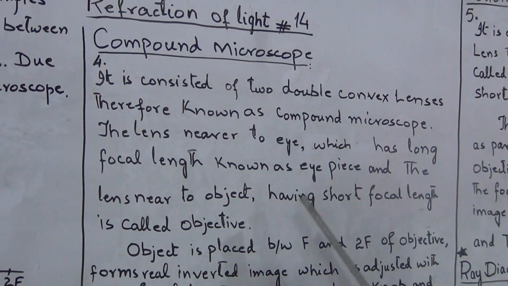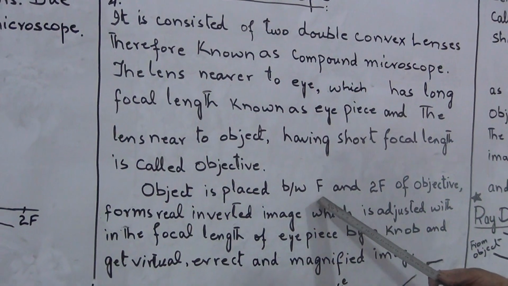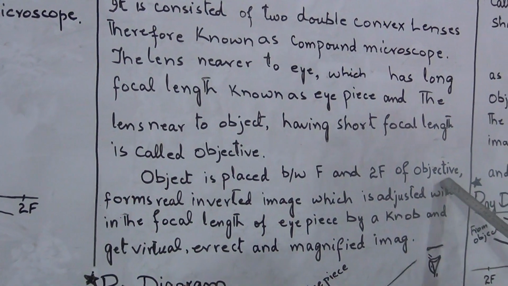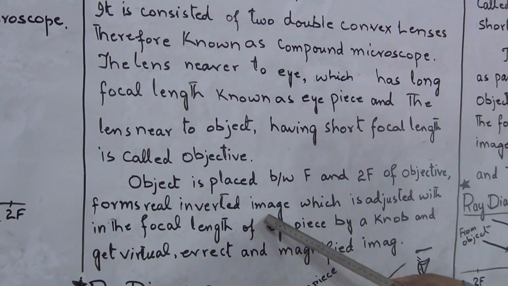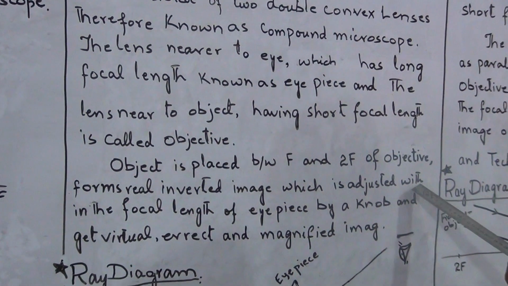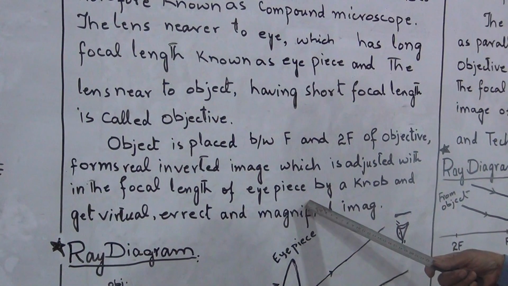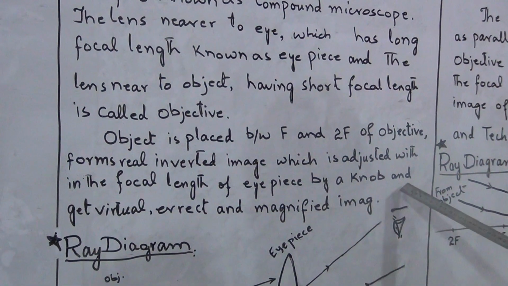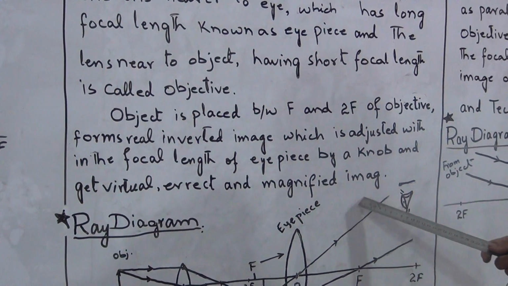Now how will we get the image? The object is placed between F and 2F of the objective, which forms a real inverted image, which is adjusted within the focal length of the eyepiece by a knob to get a virtual, erect and magnified image.